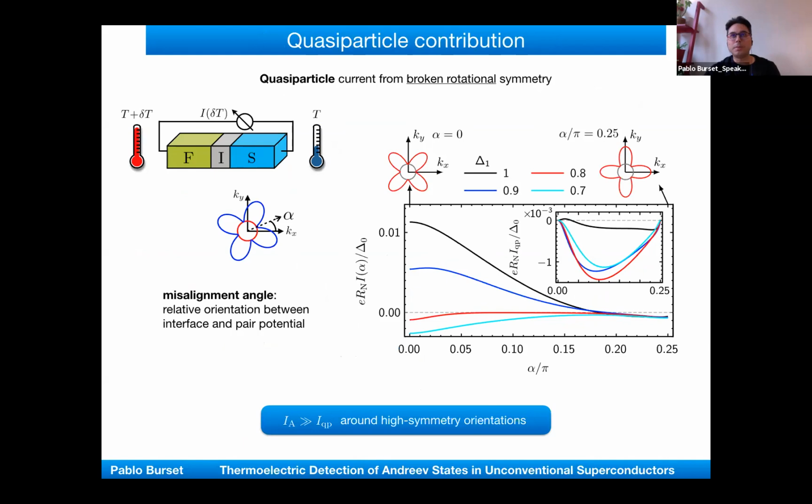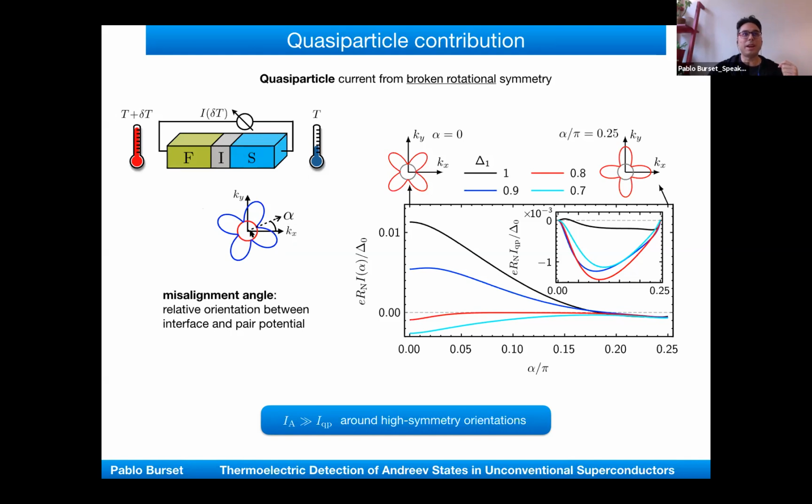Can we have quasi-particle contributions? Yes, but we need to break the rotational symmetry of this pair potential. In some cases where the pairing is very anisotropic, like this one that I'm showing here, it's important to know the relative orientation between the pairing and the interface, and we control that by alpha.